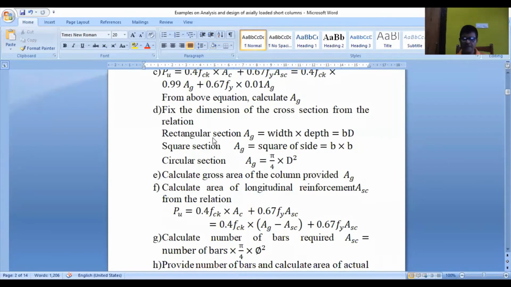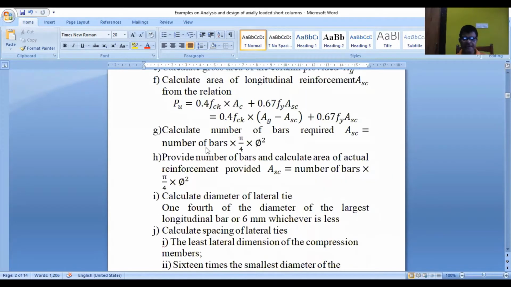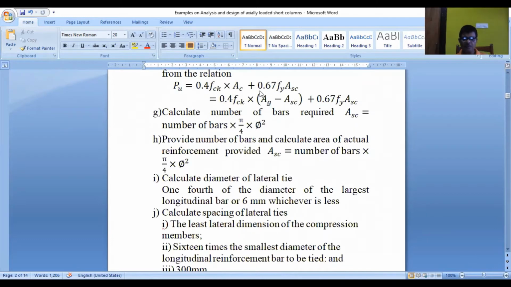So be careful while doing the solution. So from this formula, now we'll find out ASC, area of the reinforcement. Because AG is known, FCK is known, FY is known, so only ASC is unknown. So you can find ASC from this formula.